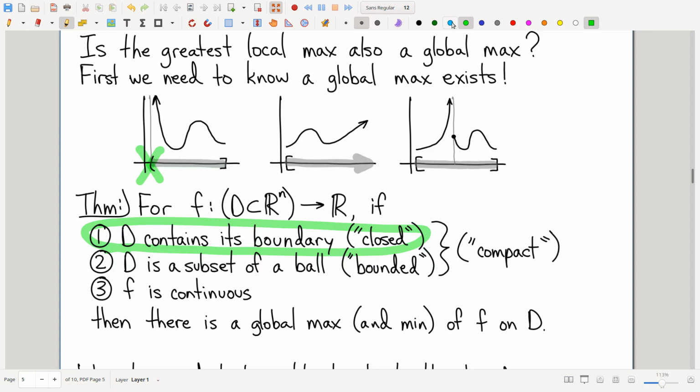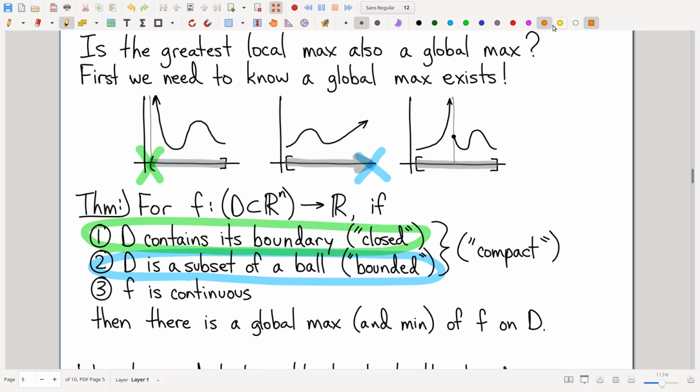If your domain is not bounded, if it extends infinitely in any direction, if you can't put your domain in a box, then the function could just keep getting bigger and bigger as you go in that direction.